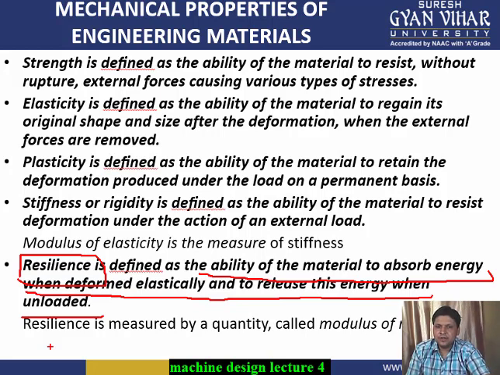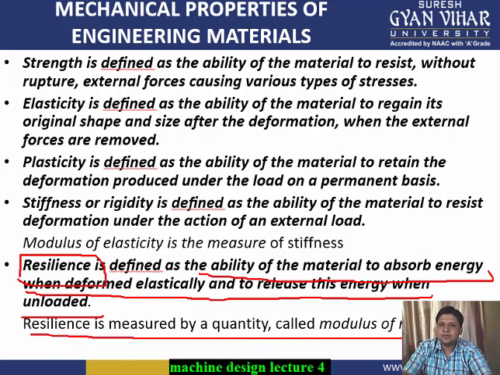Generally in a spring, what you need is that the spring should absorb energy when you compress it, when you load it, and release energy when you remove the load. That particular property is very important in many situations. That property is known as resilience, and generally resilience is measured on the basis of modulus of resilience.